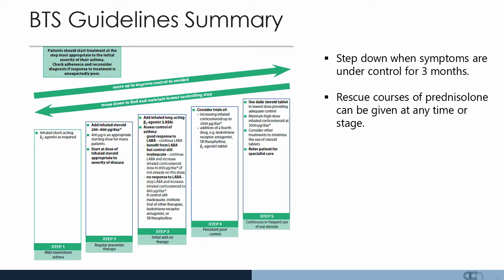Step 5, for those patients with continuous or frequent use of steroids, an oral steroid tablet using the lowest possible dose can be introduced, and other agents can be introduced by a specialist centre. Importantly, BTS guidelines advise that when the symptoms are under control for 3 months, then de-escalation should be considered. Bear in mind, of course, that rescue courses of steroids can be given at any time during an acute exacerbation.